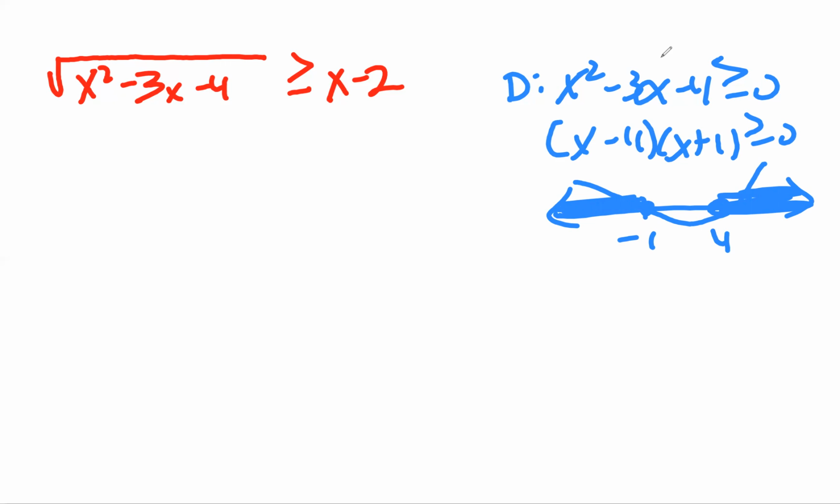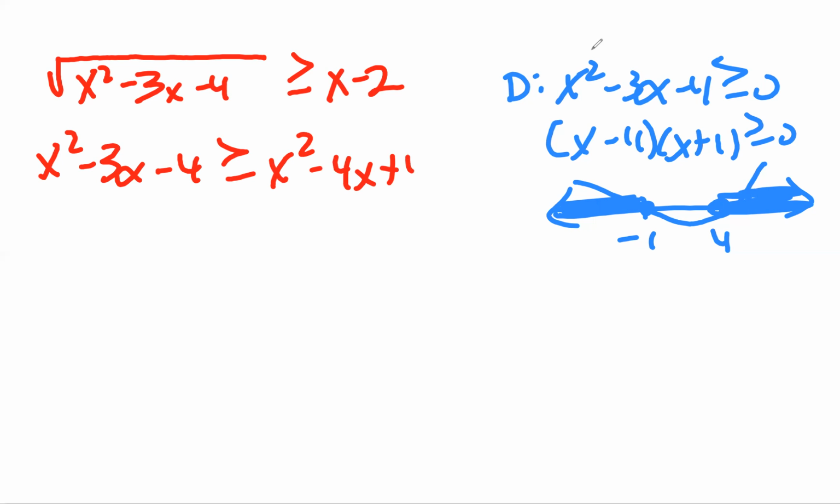Now I'm going to continue working this problem. So I'm going to square both sides. X squared minus 3x minus 4 is greater than or equal to x squared minus 4x plus 4. Your x squared zeros out. If I add 4x, I get x minus 4 is greater than or equal to 4.